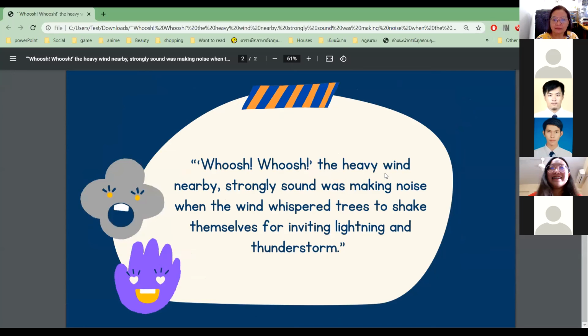It's quite itchy in your ear, and I think if the tree could feel like that, it's like when the wind attacks the tree, maybe they whisper to take an action, something like lightning or thunderstorm.